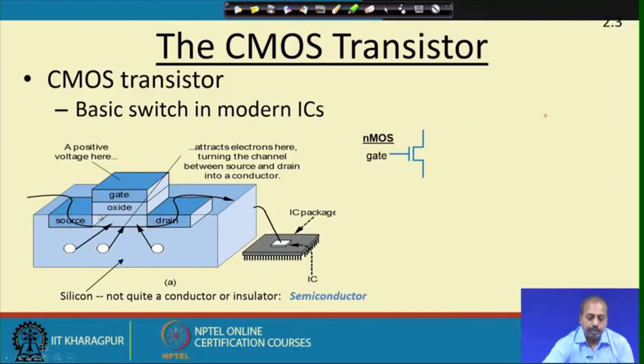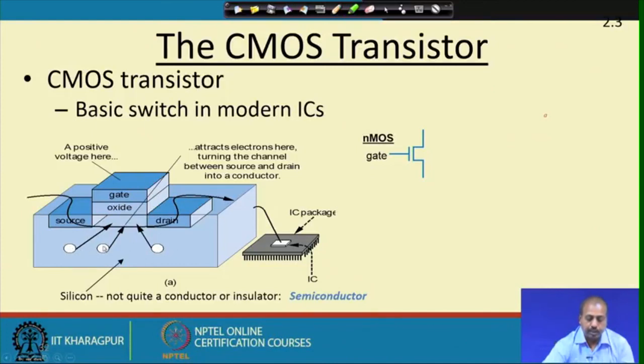The region in between is covered by some silicon dioxide layer, and on top of that we put another layer of polysilicon gate. Now, normally what happens is that if you apply a positive voltage onto this gate, it will attract the electrons from this substrate.